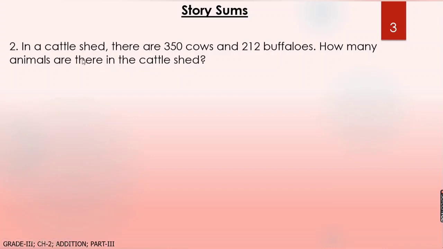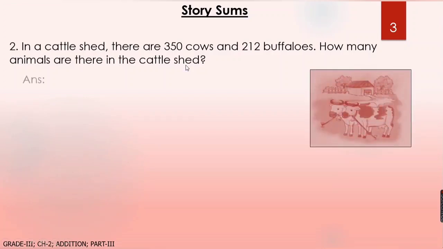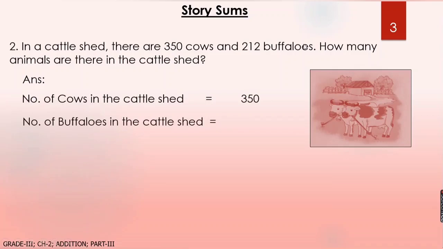So, you have to find the total number of animals in the cattle shed. For that, again we will start by writing the statements first. First statement, number of cows in the cattle shed. So, how many cows are there? Yes, it is 350. Then, next statement, number of buffaloes in the cattle shed.